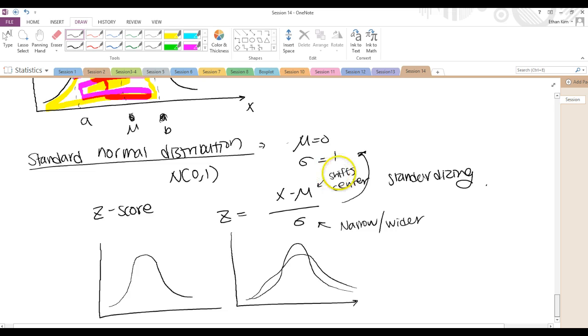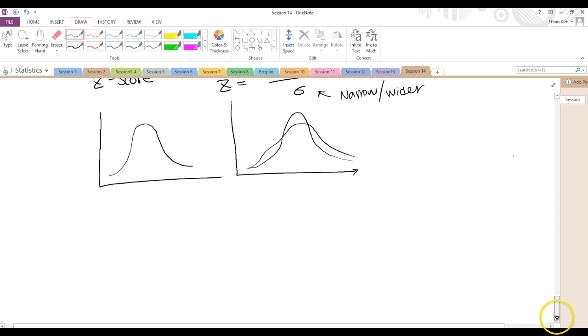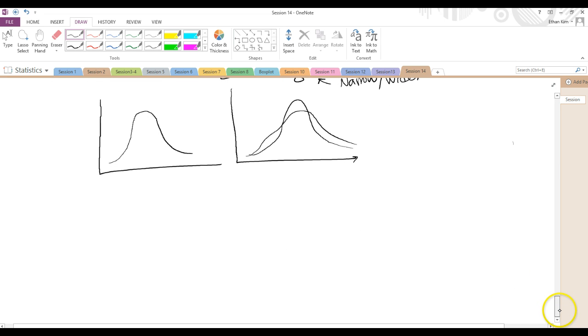Okay, so this is how you get the z-score. And the z-score is very convenient because if you're looking at the probability, you can use z-scores to approximate the value, right? So let's just work on an example.